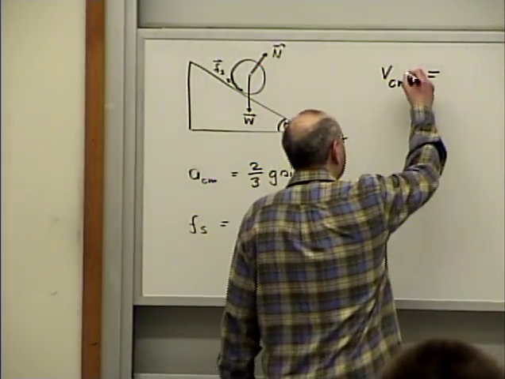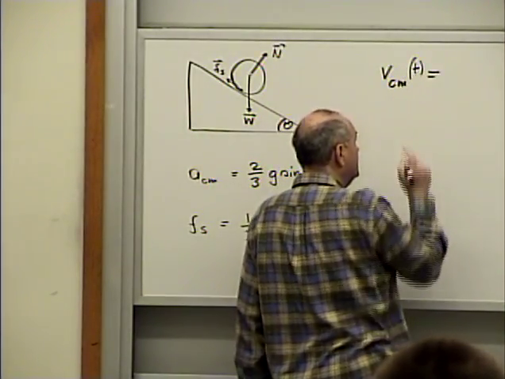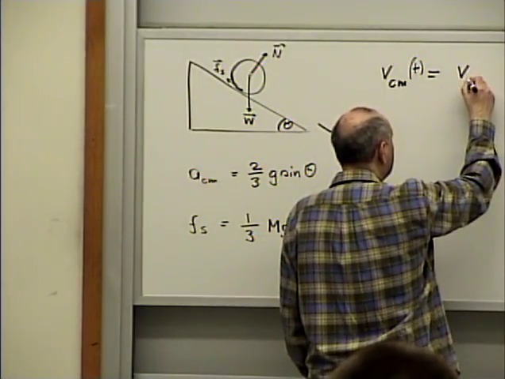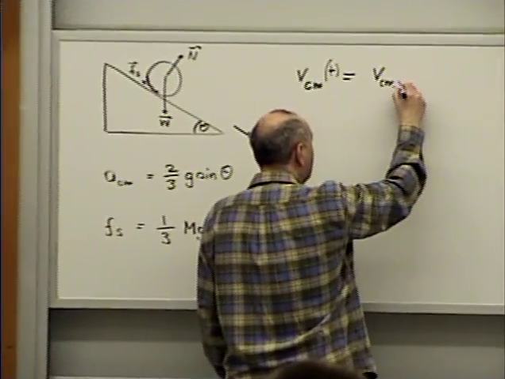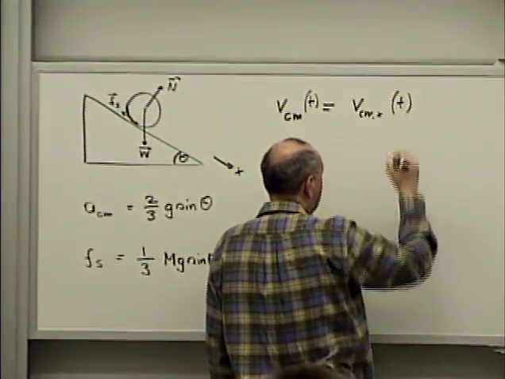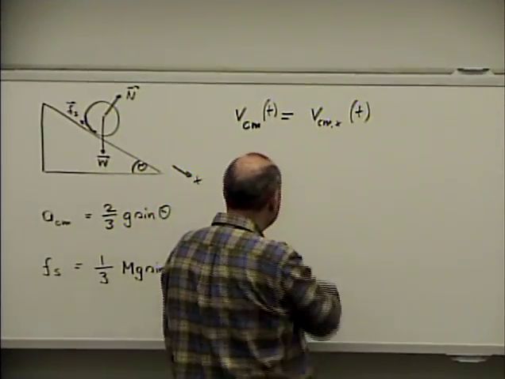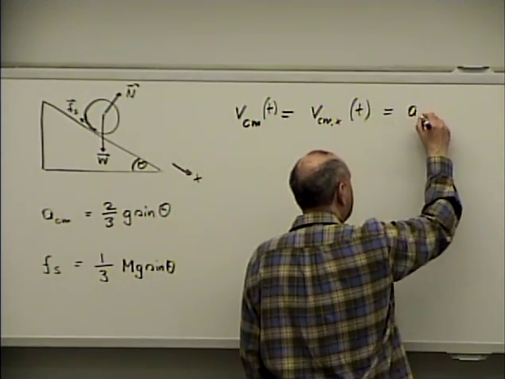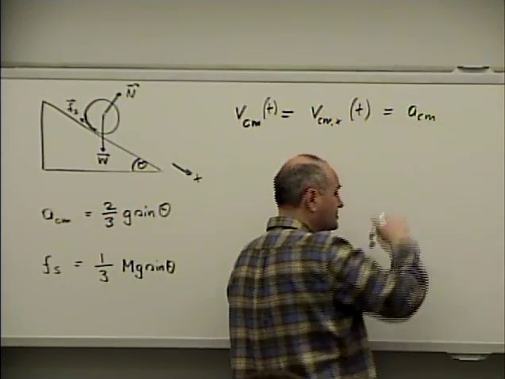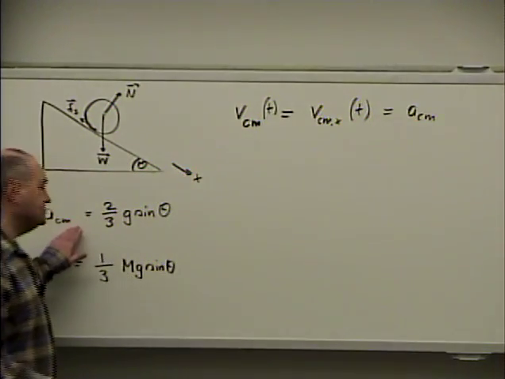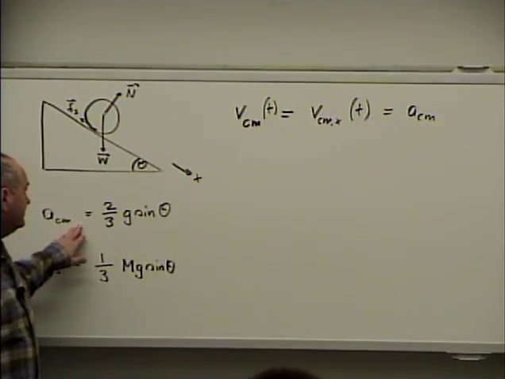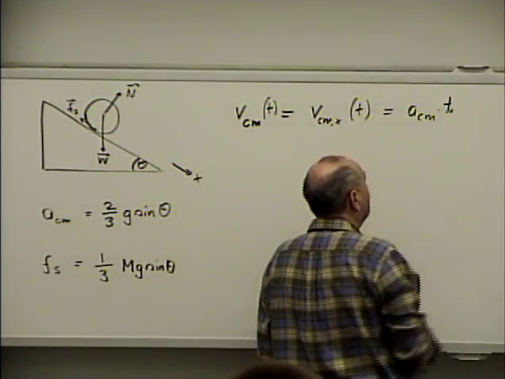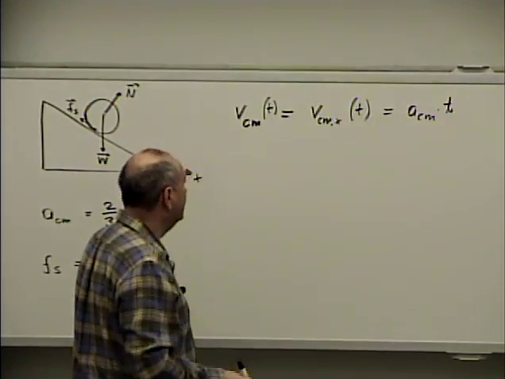Therefore, the speed of the center of mass at instant t, which is going to be equal to the x component of velocity, is the acceleration of the center of mass, which is really the x component of acceleration, multiplied by t.